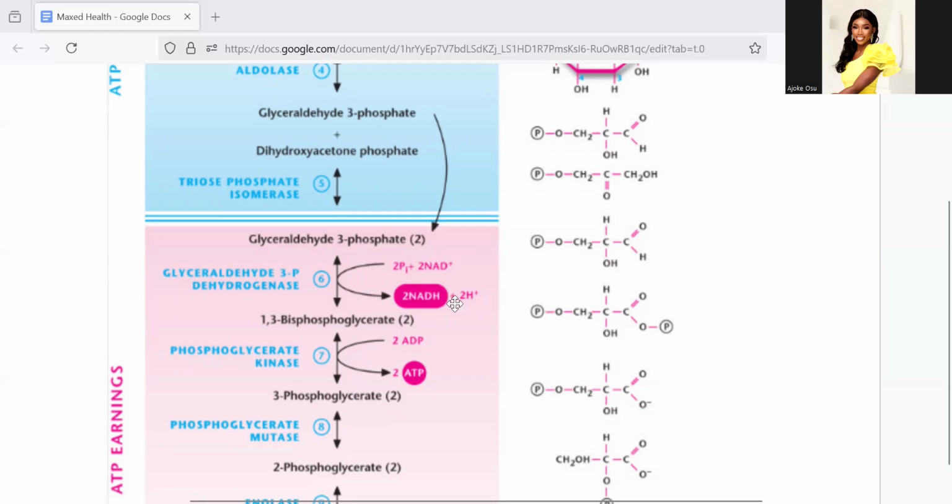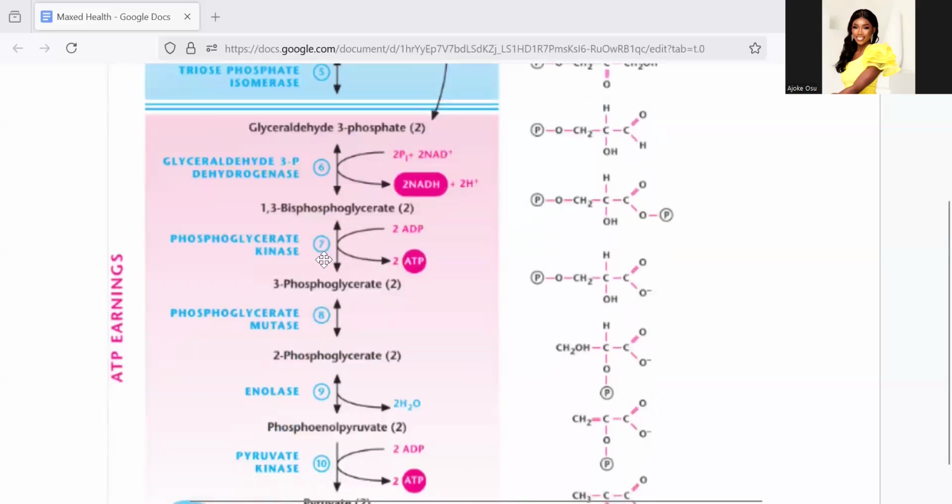The overall reaction is exergonic, releasing energy that is then used to phosphorylate the molecule, forming 1,3-bisphosphoglycerate.